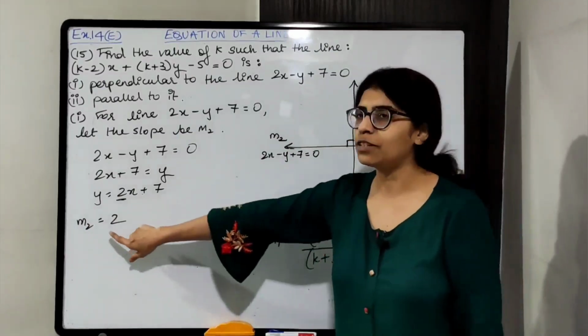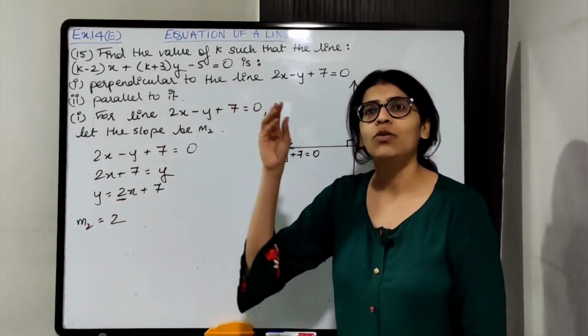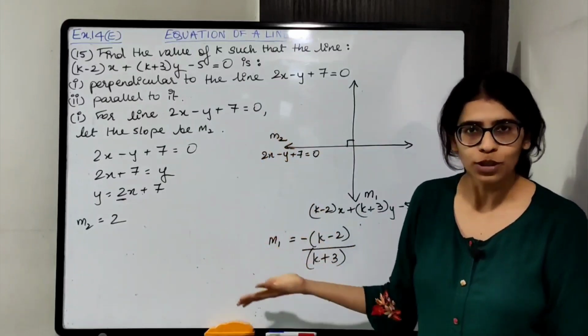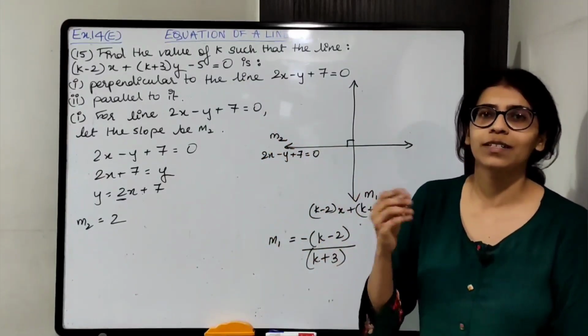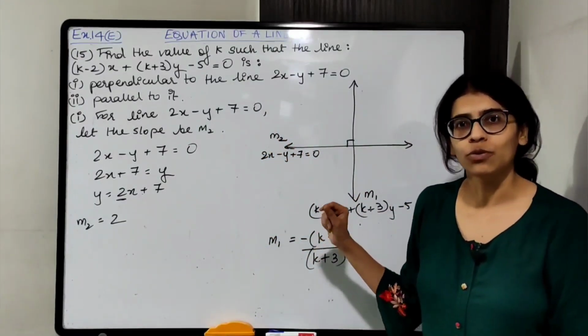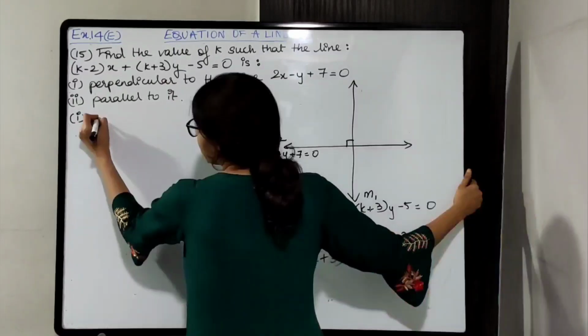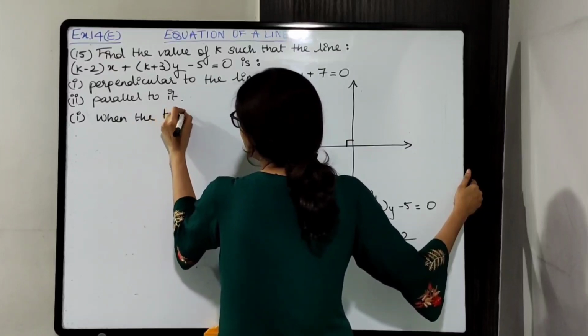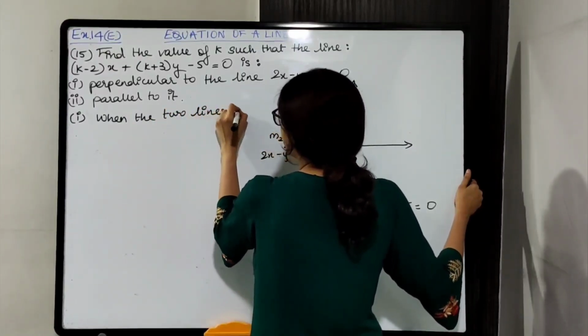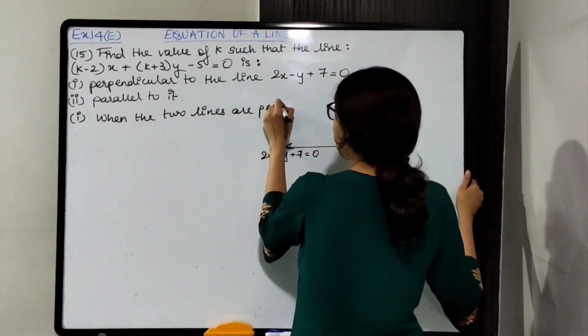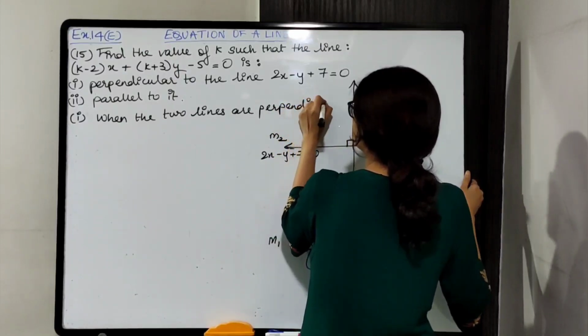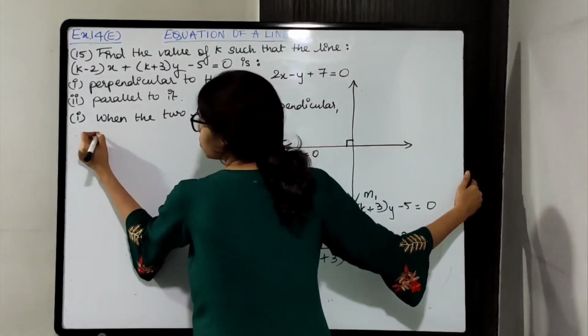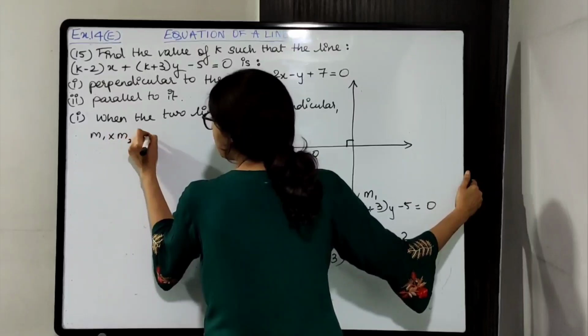We have m1, we have m2. We know m1 into m2 will be equal to minus 1 because the two lines are perpendicular. So let's see what is the value of k. When two lines are perpendicular, the product of the slopes will be minus 1.